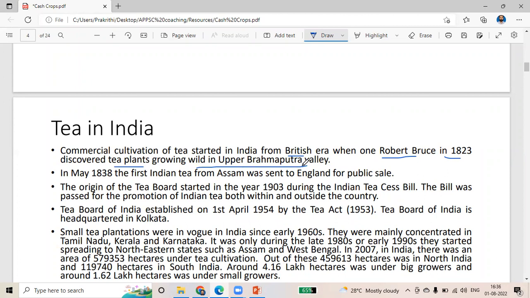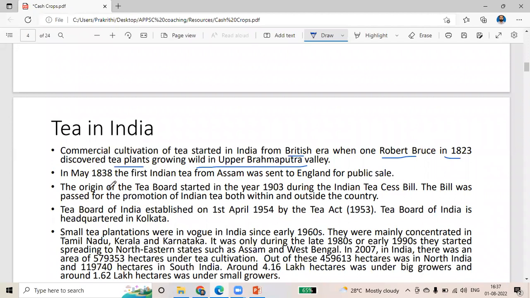Upper Brahmaputra Valley में ऐसा बहुत ज़्यादा tea plant को वो देख लिया है. So at that time he thought of creating a market, since there was so much. After their consumption, it can be distributed to other areas.